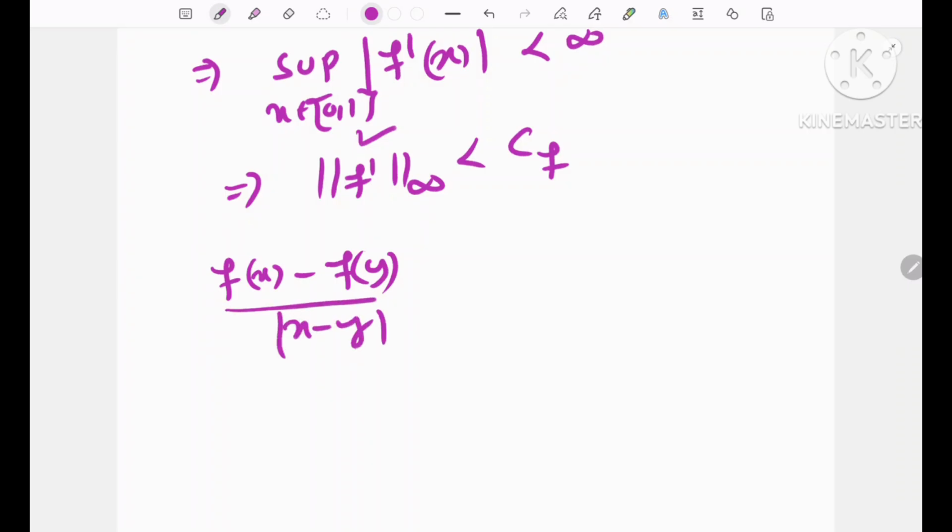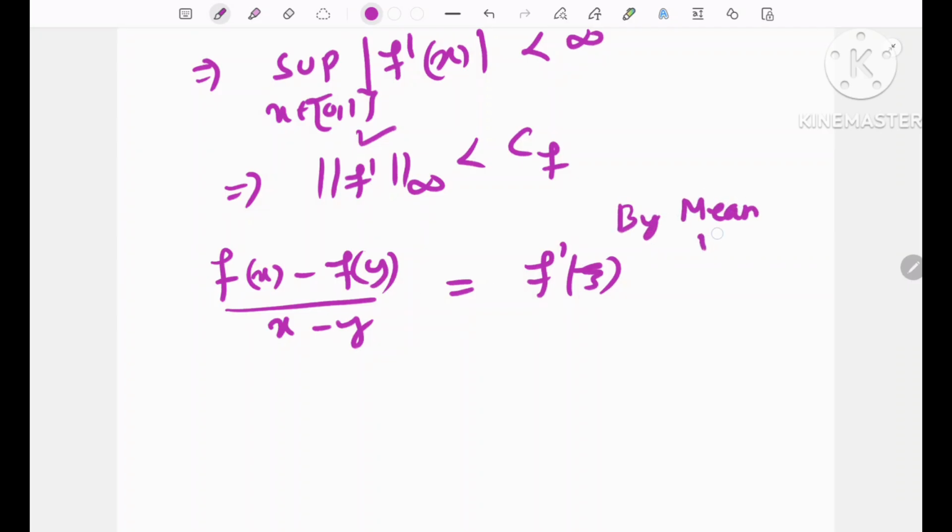By using the mean value theorem, before taking the modulus, this quantity is equal to f dash xi, for some xi belonging to the open interval x comma y.